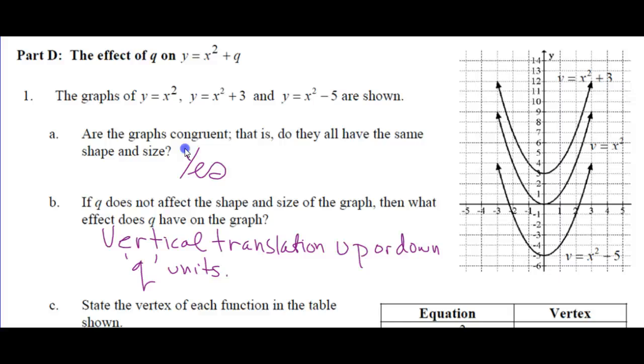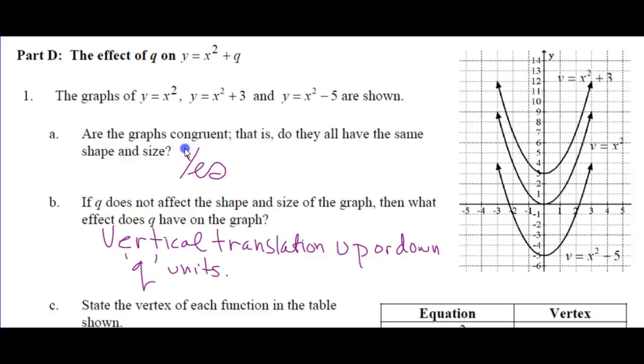When you're talking translations now, you have to distinguish: is it a horizontal translation or a vertical translation? Feel free to use HT and VT as abbreviations. So if you write something like HT 3, I'm cool. You write HT up 4, not so cool.